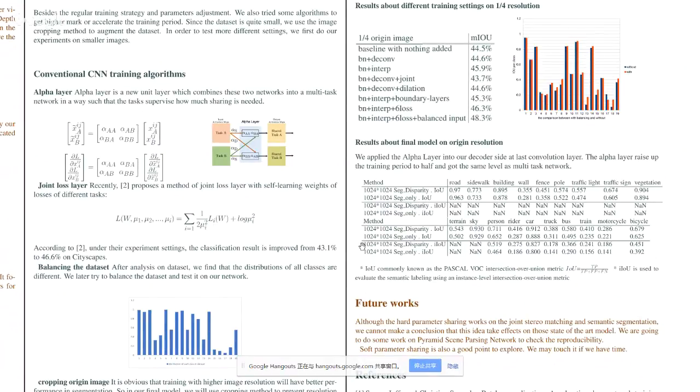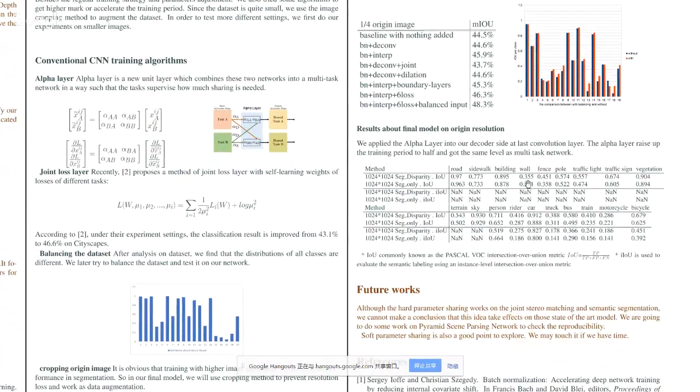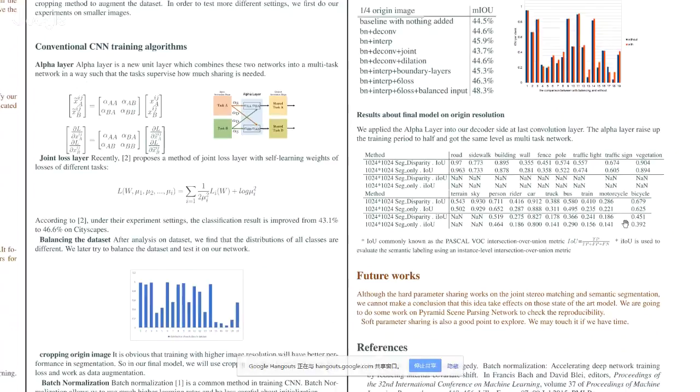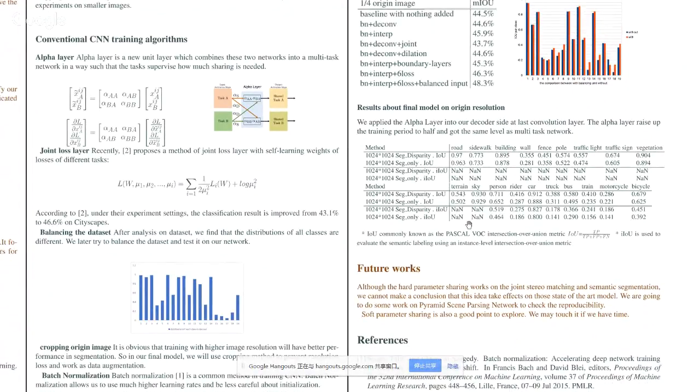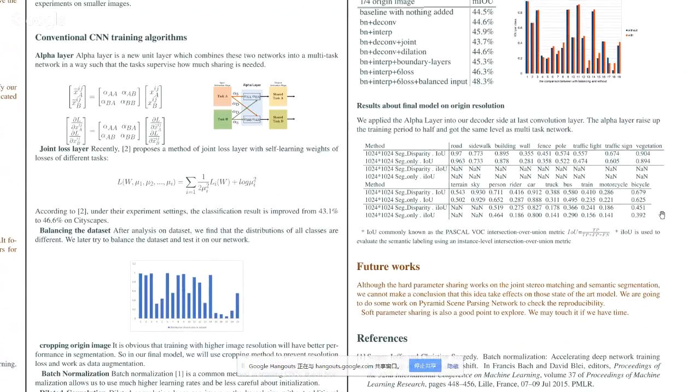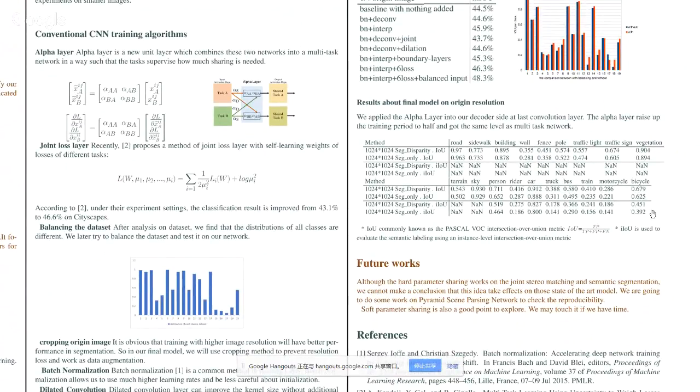We can see that each class has a great improvement, especially in the low score part, and even for the high score of the road, we can also see improvement. We use this result to prove that our idea also works on this model with Cityscapes.